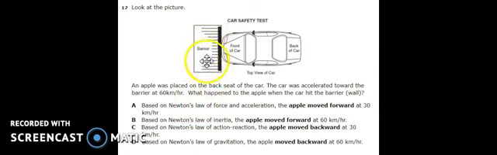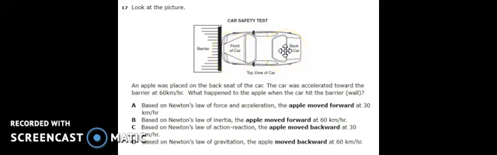This is a barrier or a wall. An apple was placed on the back seat of a car. The car was accelerated towards the barrier at 60 kilometers per hour. What happened to the apple when the car hit the barrier or wall? A, based on Newton's law of force and acceleration, the apple moved forward at 30 kilometers per hour.